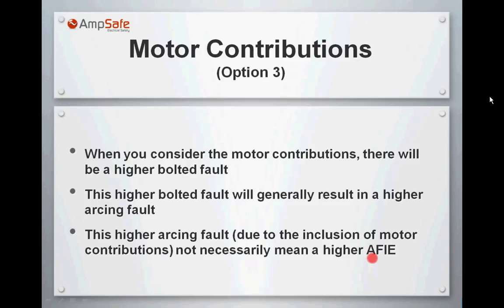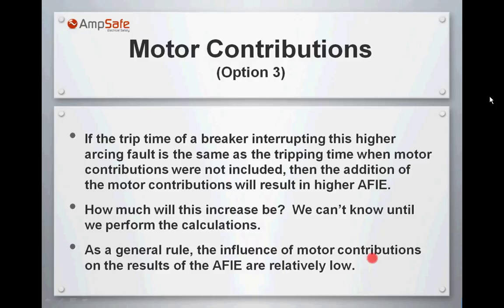Now, when will it be higher? How about finding out which circumstances will produce a higher ArcFlash incident energy when you have a higher arcing fault? In other words, when is the incident going to be higher, or the panel more dangerous, when we consider the contributions from motors? That is when the arcing current that was present without the motor contribution was already in the instantaneous region of the breaker.